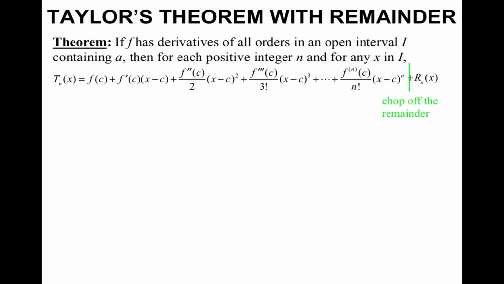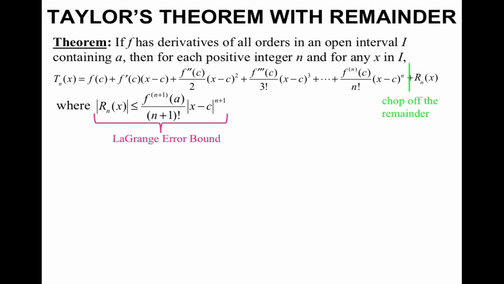And we typically just chop off this remainder, where the absolute value of this nth remainder is less than or equal to basically the n plus 1 term at a of the Taylor polynomial. And this is what we call Lagrange error bound.